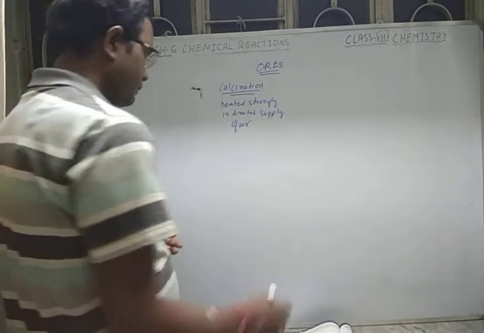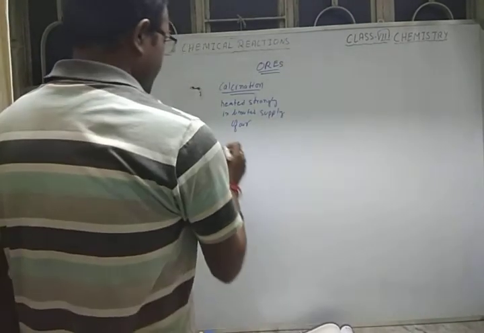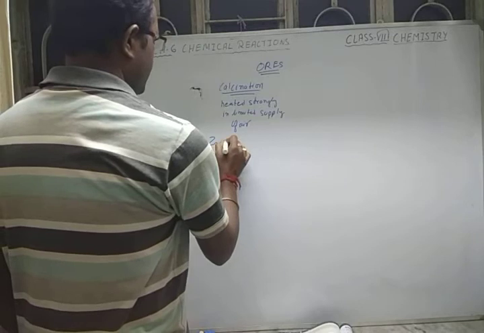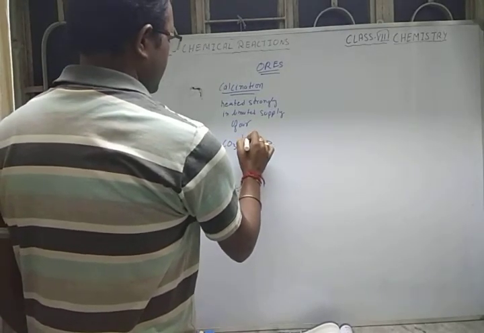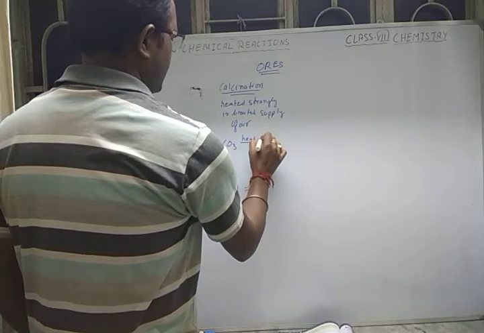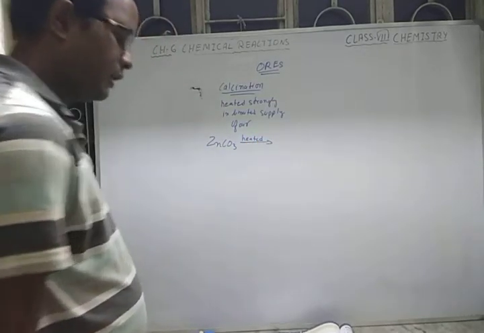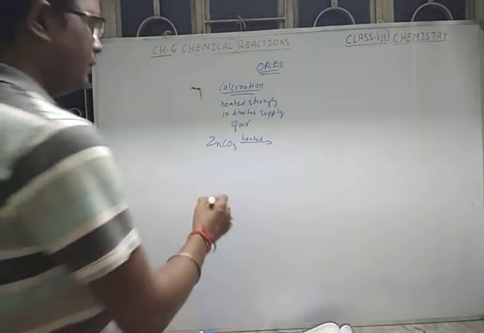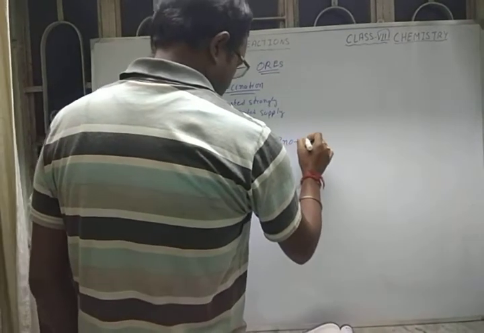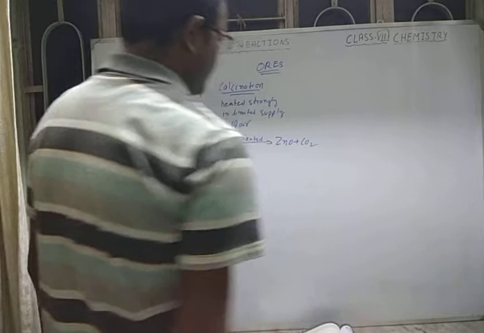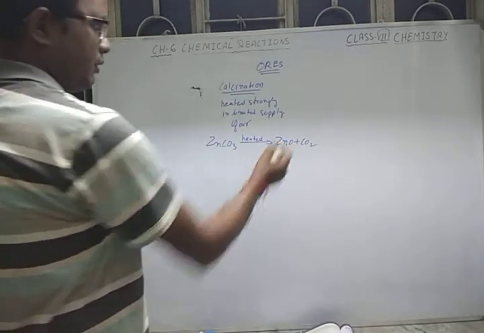Let us give some examples. Suppose ZnCO3 is heated strongly in a limited supply of air. It decomposes to form ZnO plus CO2. Carbon dioxide is liberated and you get zinc oxide.